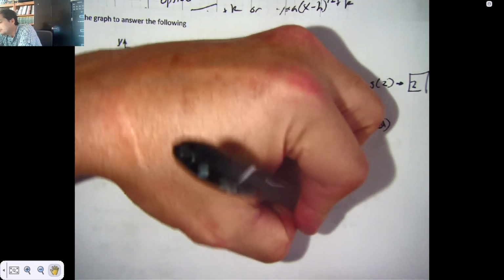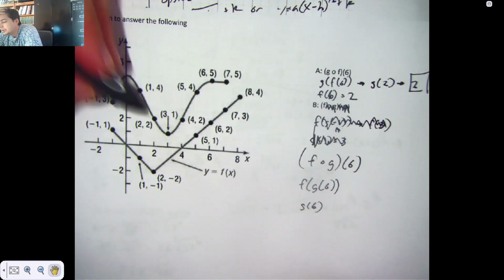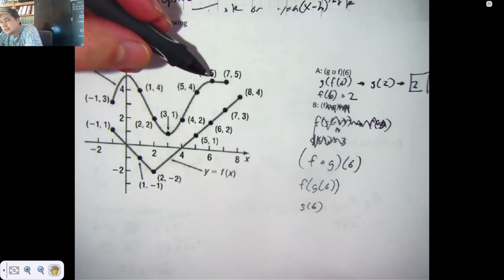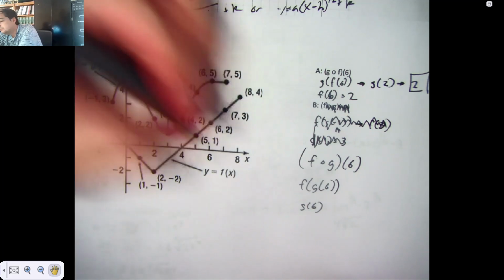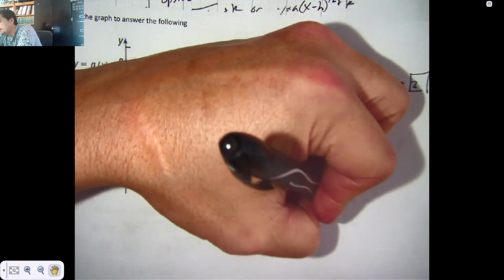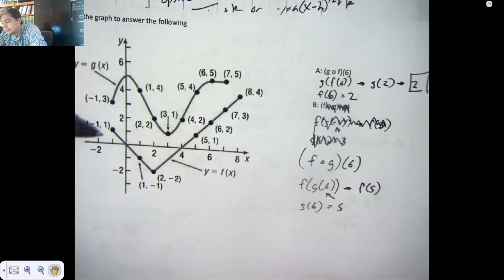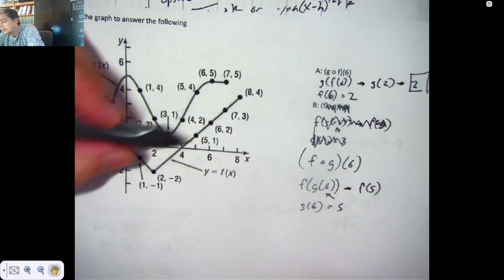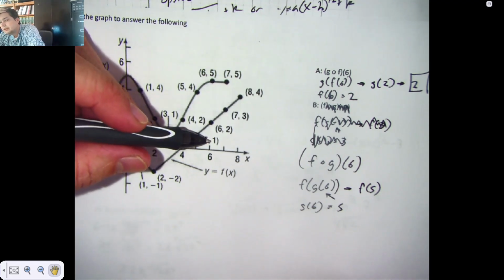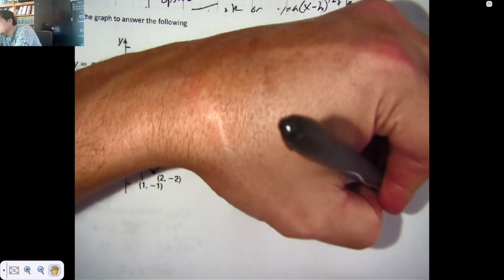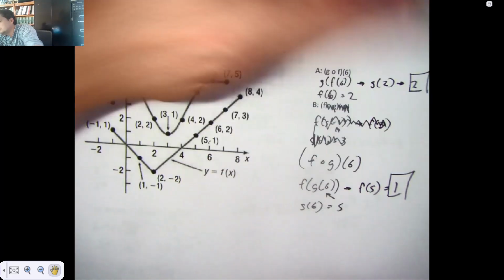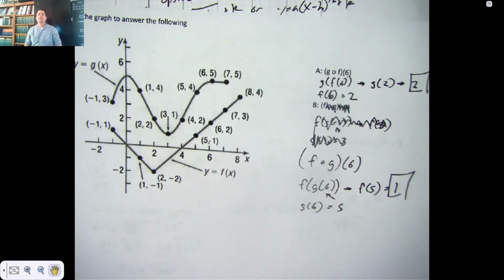So I glance at my graph, I look at function g, and I see where x is 6, and it says the y value, or the output, is 5. And that goes there. So now I go to function f, and I go to where the x value is 5, and the return value, the output, is a 1. All right, there you go.